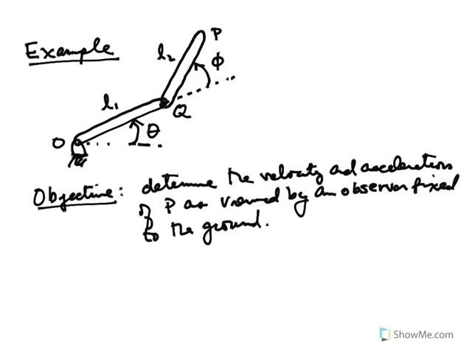In order to do this, we're going to use the rigid body kinematics results that we developed previously, because these are two rigid bodies, objects with arms of constant length.